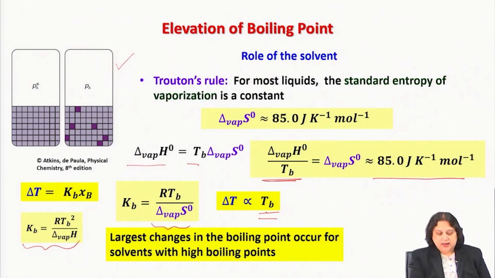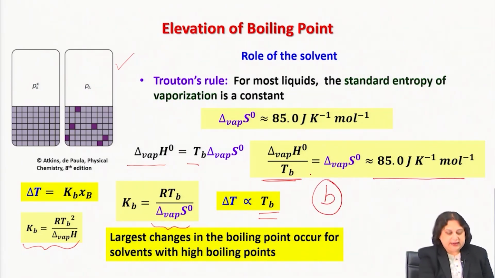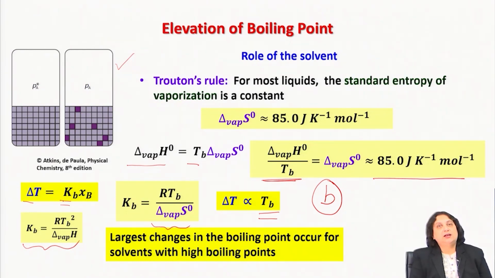So basically, if you are using the same molality of the solute, in that case, you find that delta T for different solvents will depend on Kb. So if you want a larger increase in the boiling point, for the same molality of the solute, you must have a larger value of Kb.